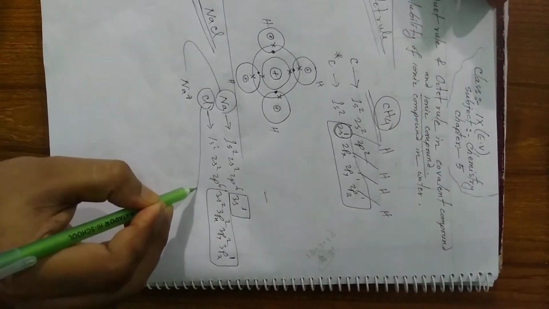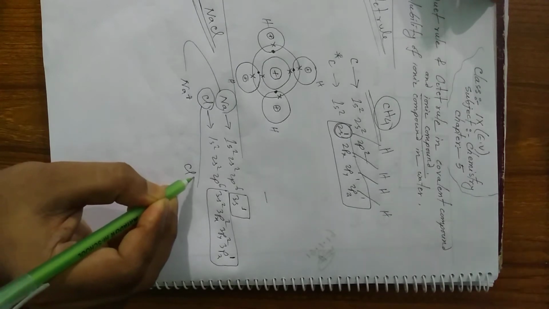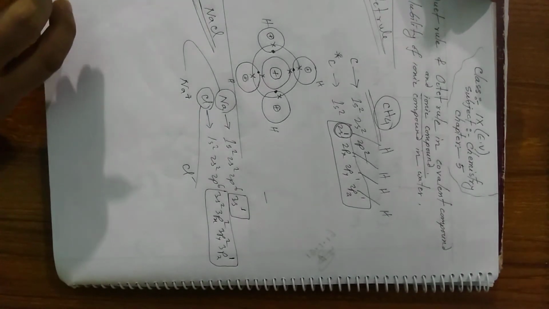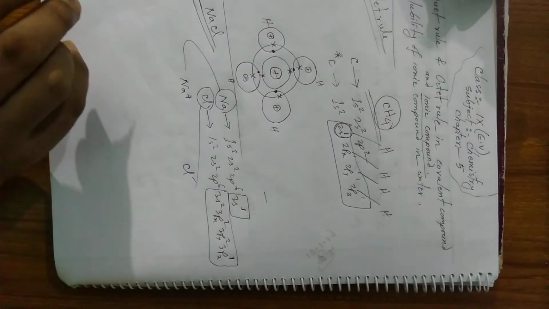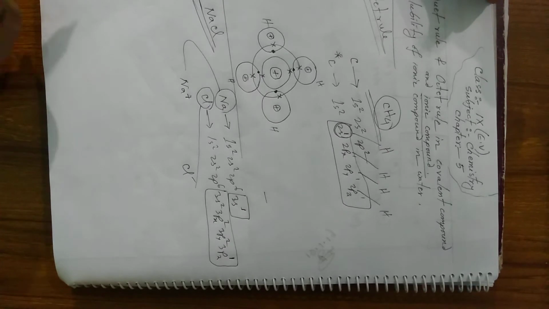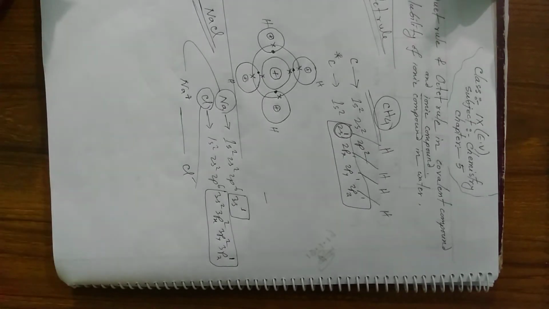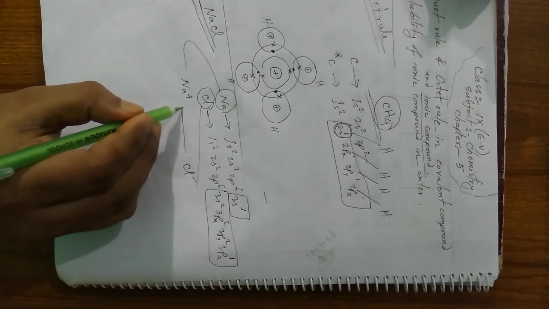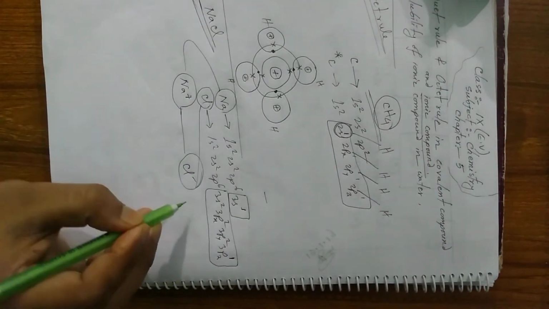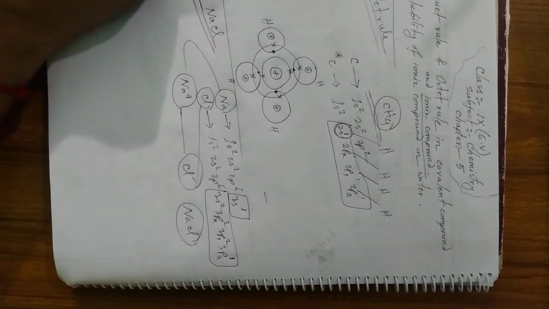And when chlorine receives one electron in the outermost orbit, a negative charge is formed, and an electrostatic force is developed between these opposite ions, which is the ionic bond, and the compound will be NaCl, which is an ionic compound.